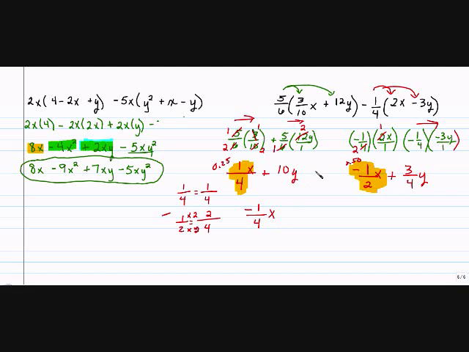Okay, I think a lot of you would have rather said 1/4 x minus 0.5x, and they'll give you the same thing. Okay, now I have my y's. I have a 10y and a positive 3/4 y, and 10 plus 3/4 is a positive 10 and 3/4 y.